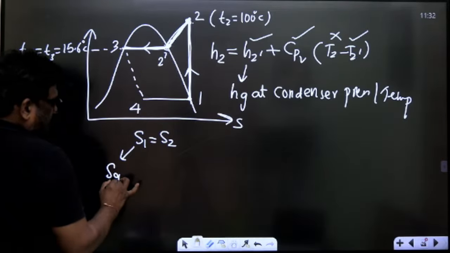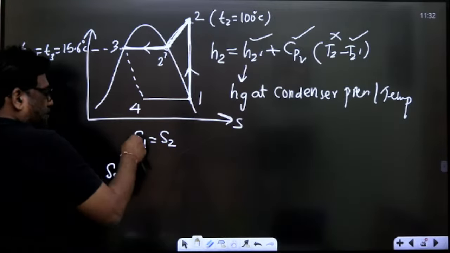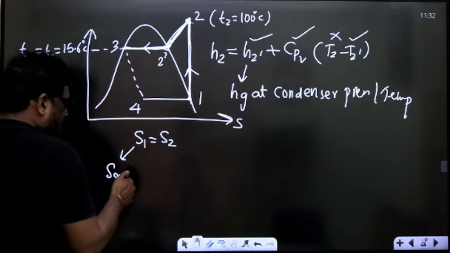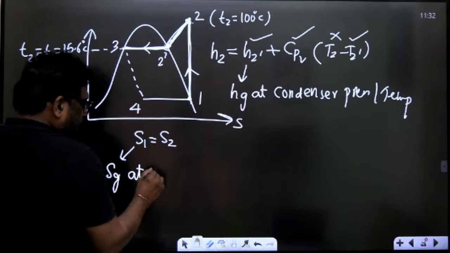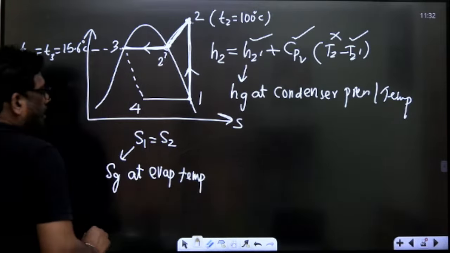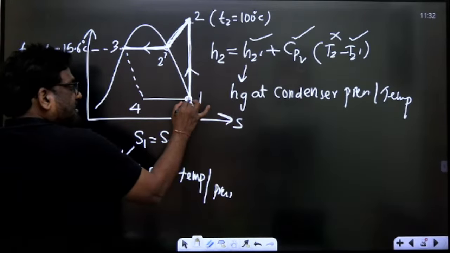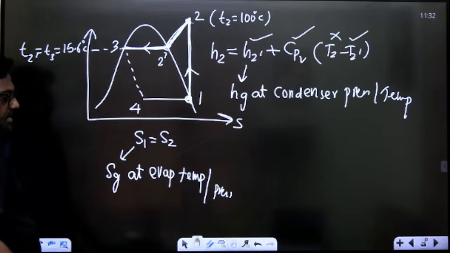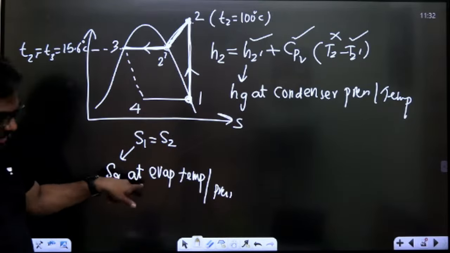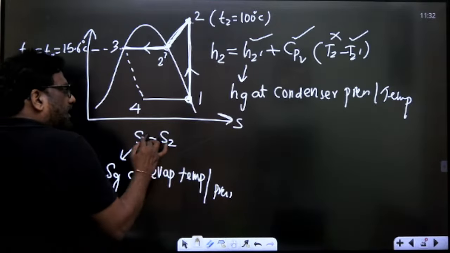It is Sg. 1 and 2 have the same entropy, so S1 is Sg at the evaporator temperature and pressure. Absolutely right, S1 is Sg, very good.